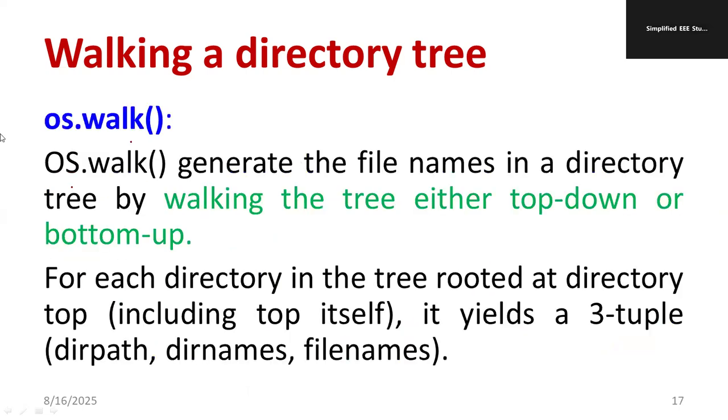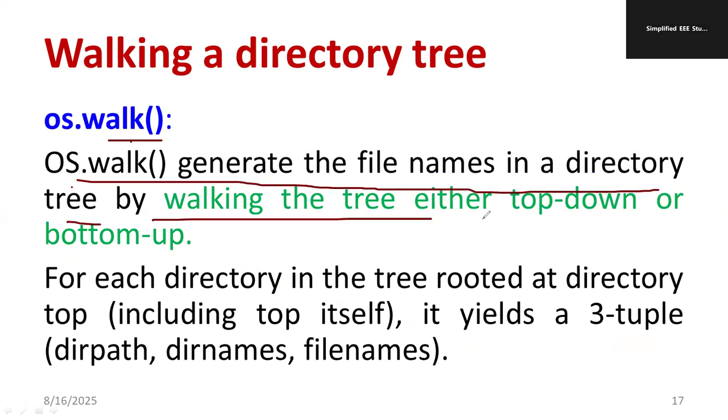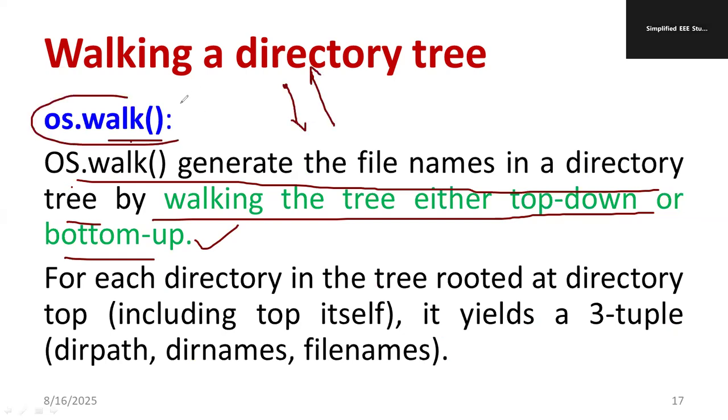In elaboration, os.walk generates the file names in a directory tree by walking the tree either top down or bottom to top. This is done with the help of the function os.walk. Walk is a built-in function of the os module.